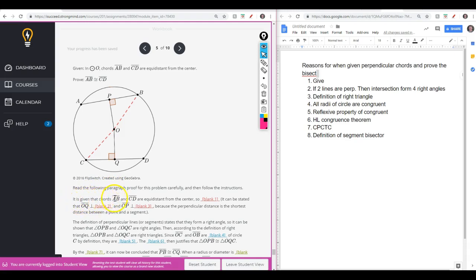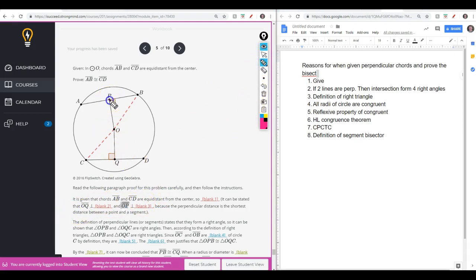It is given that chords segment AB and segment CD are equidistant from the center. So blank 1, it can be stated that segment OQ is perpendicular to blank and OP is perpendicular to blank. I'm noticing that it is using OQ and OP in the next one.